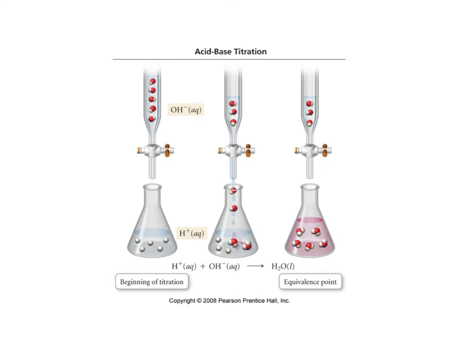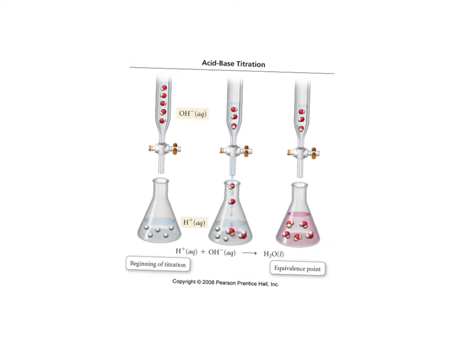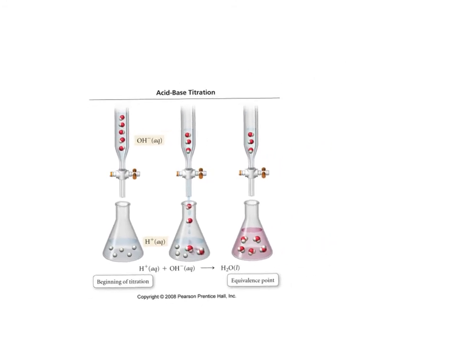And if you add an indicator, the indicator in this case is most probably phenolphthalein. And let me write that down. It's just a couple of drops of a solution with a molecule that changes its color based on the acid form or the protonated form and the base form or the deprotonated form.